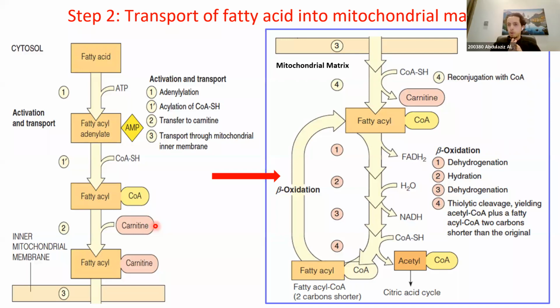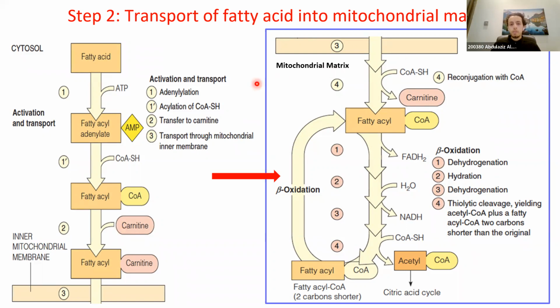So carnitine is very important because without this, the long-chain fatty acids will not be able to enter. So now we've gone through the first steps in the cytosol. We added an ATP, we activated the fatty acid by adding a CoA, and now we also added a carnitine in order to allow it to enter the mitochondrial membrane.